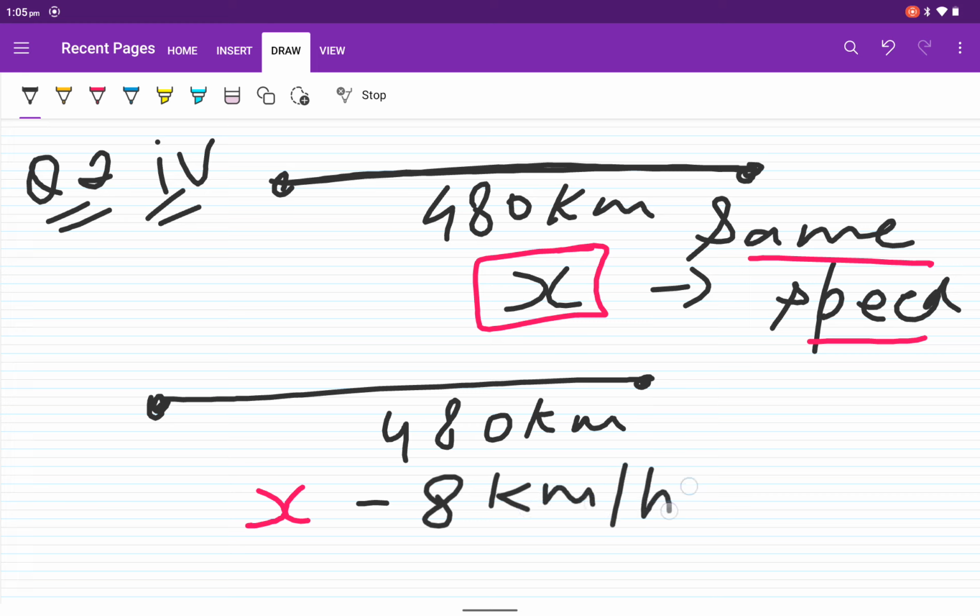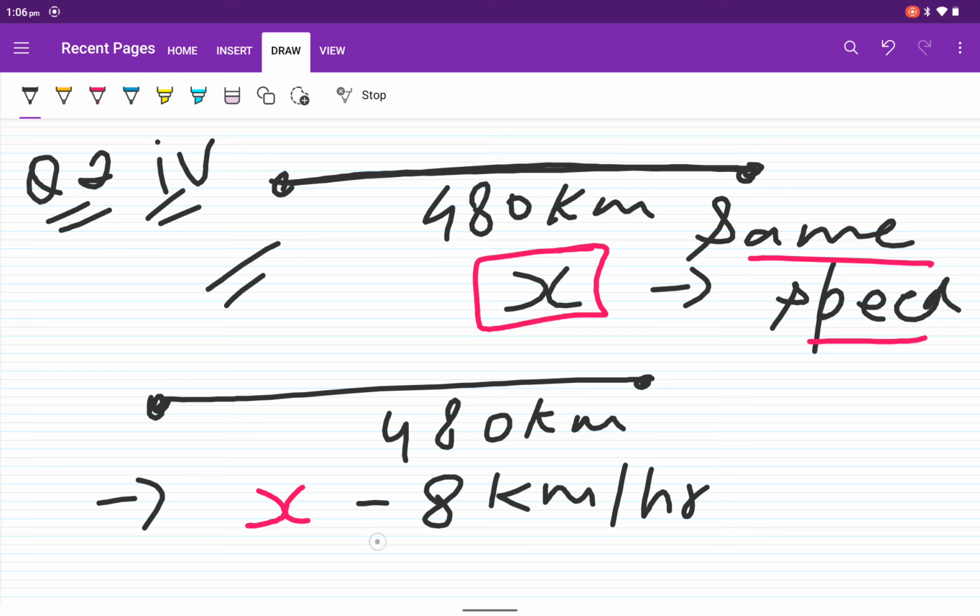In this case the train has changed its speed, and the distance is fixed but the speed is changing.